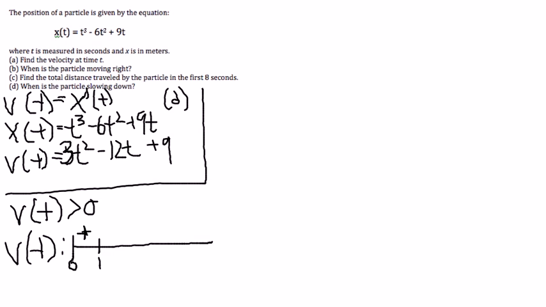So then we see from 1 to 3 seconds that the values become negative. And then from 3 on, we see that the values are positive again. So we see that it's moving right at intervals 0 to 1 and 3 to infinity.